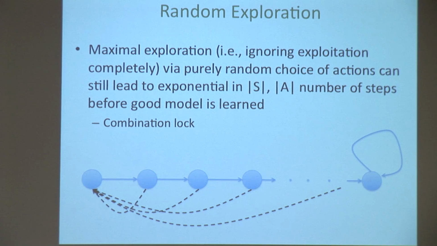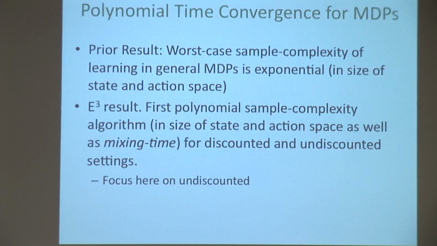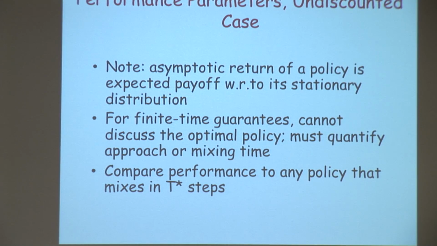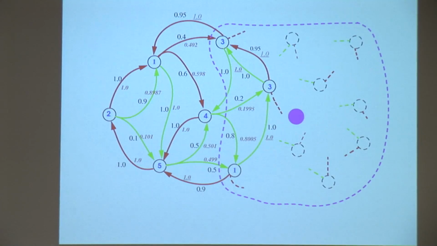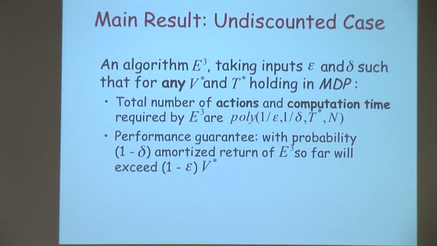Now what I'm going to show you is the idea behind the E-cubed result, which gives you a PAC-style result for this sort of thing. Here's a formal result. The algorithm E-cubed takes inputs epsilon and delta, and then for any value function and mixing time holding in the MDP, now what do I mean by that?